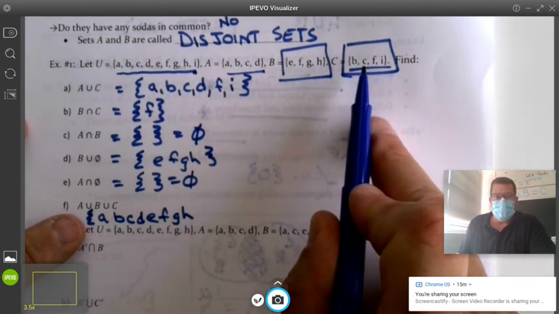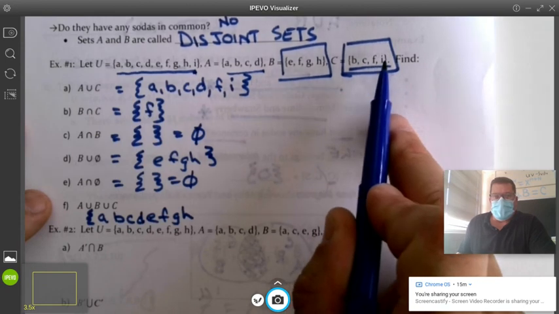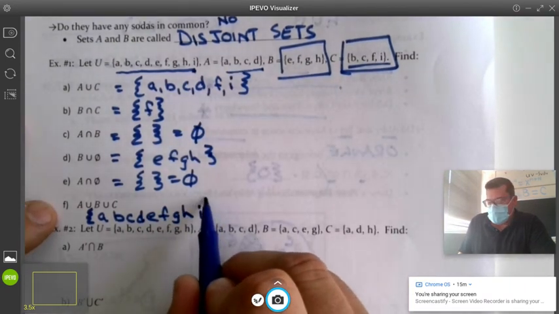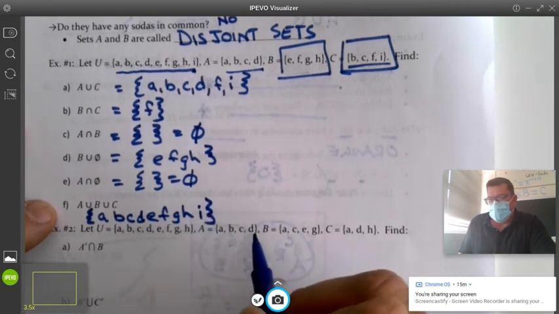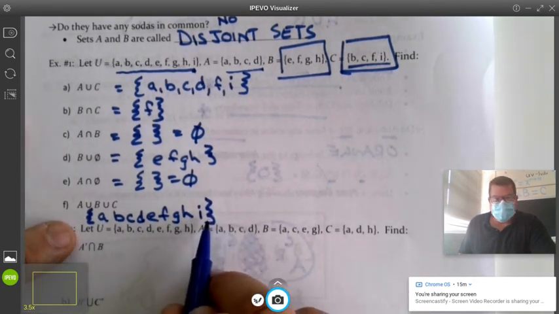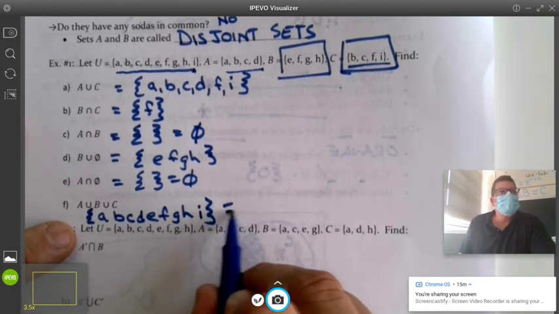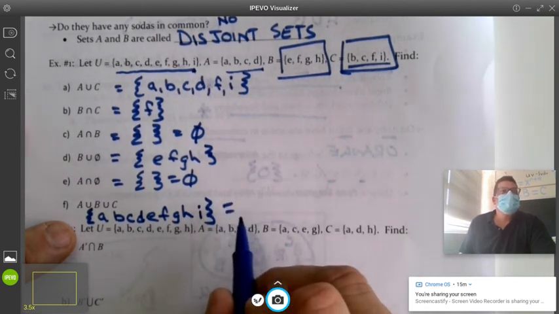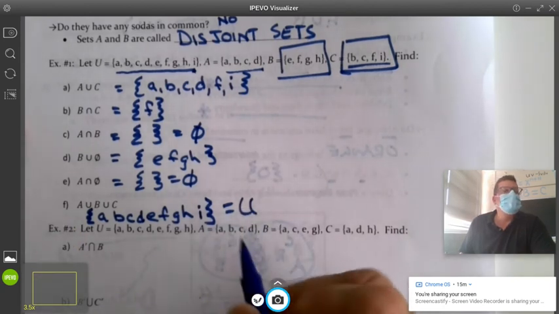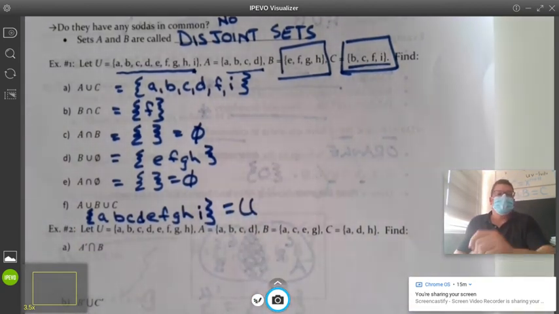C's already there, F is already there, and I is the only thing I need to add. And keep them all. Is there a faster way for me to represent this? We could call it U, or the universal set. It contains everything. Does that sound good?